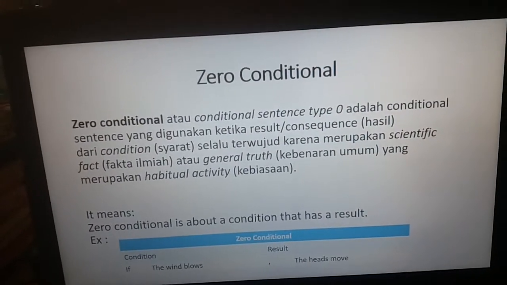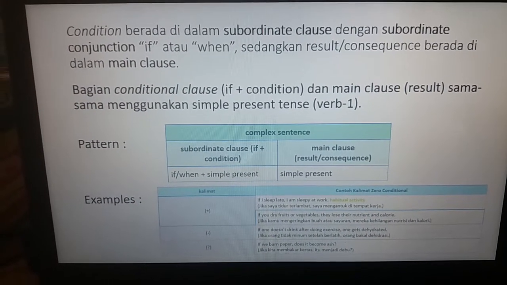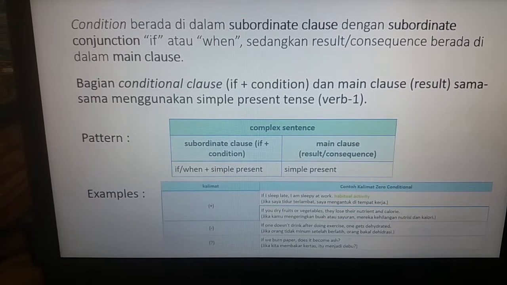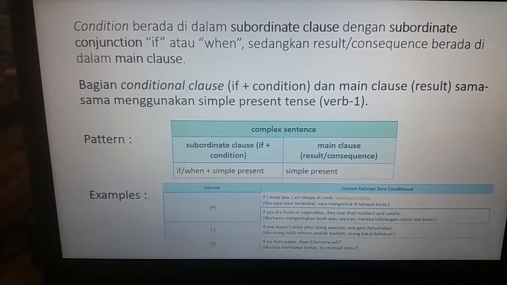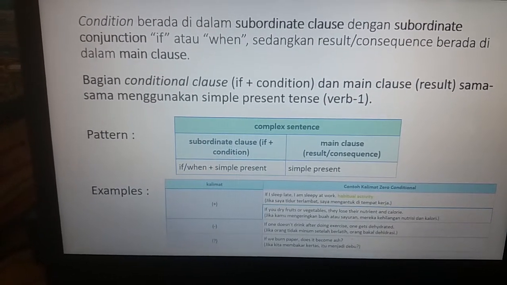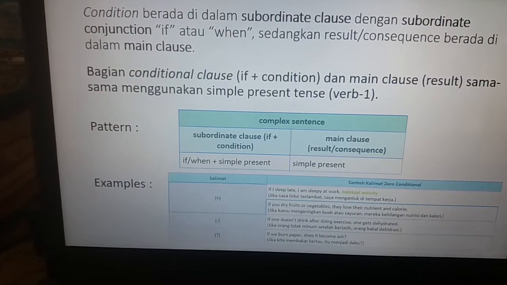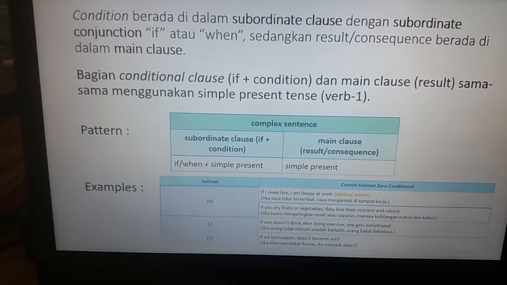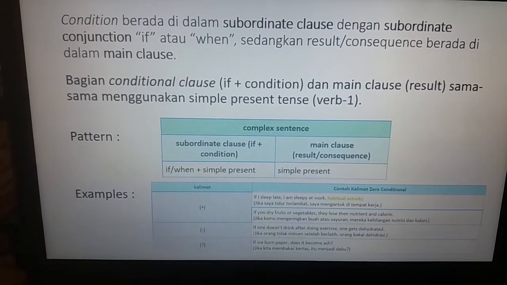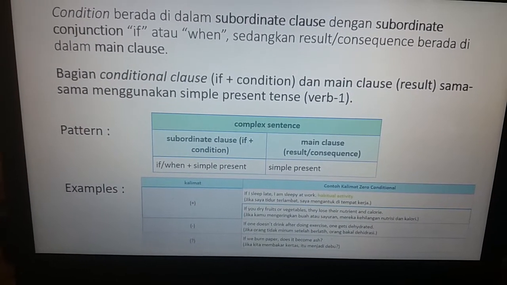Now, look at the pattern. The condition here is a subordinate clause with a subordinate conjunction. What does that mean? The condition here is in the form of a subordinate clause or subordinate conjunction using if or when.